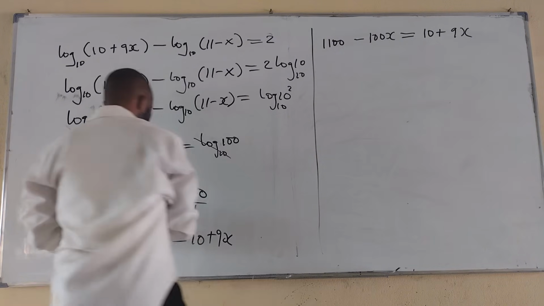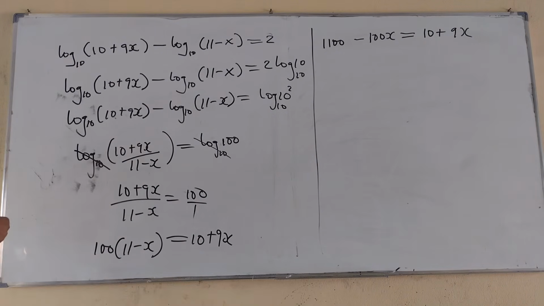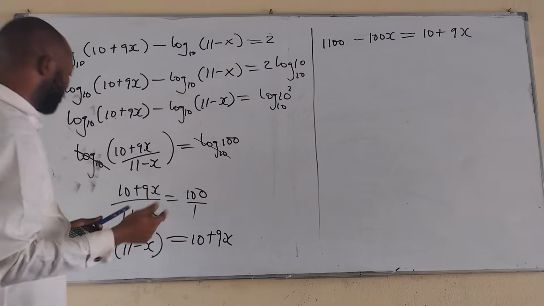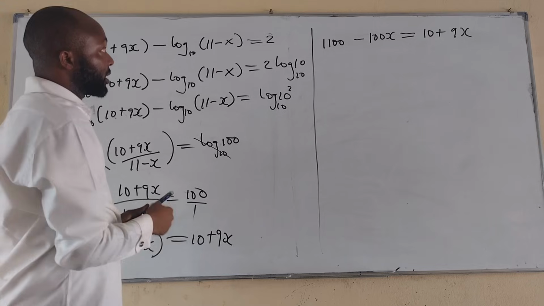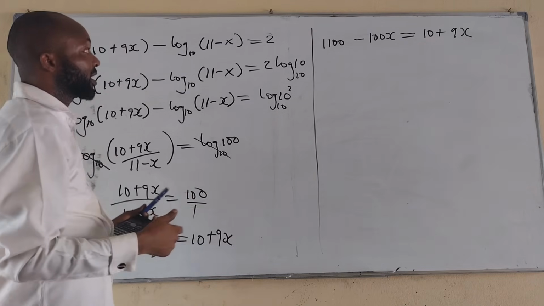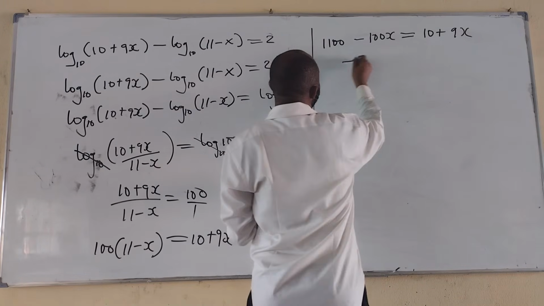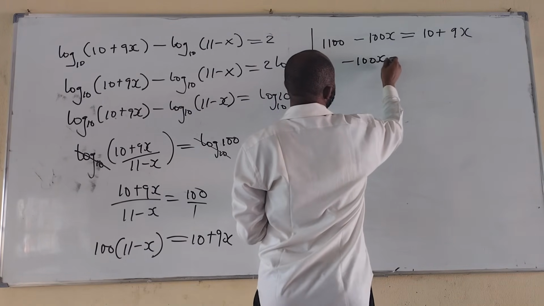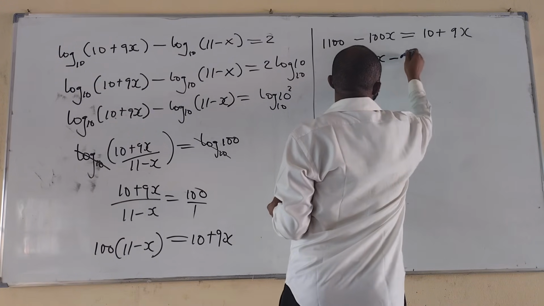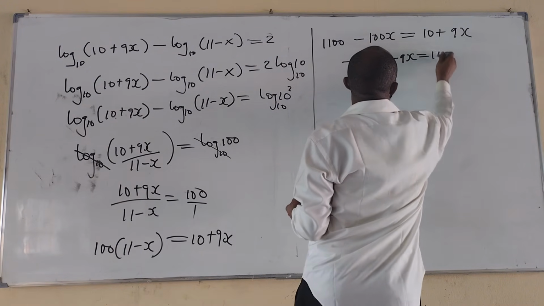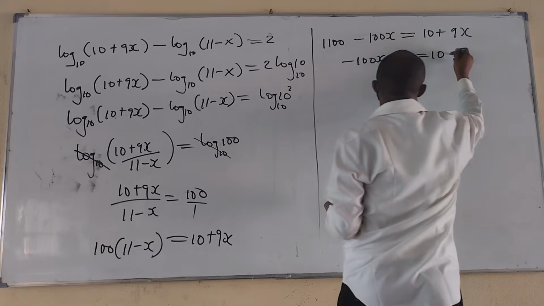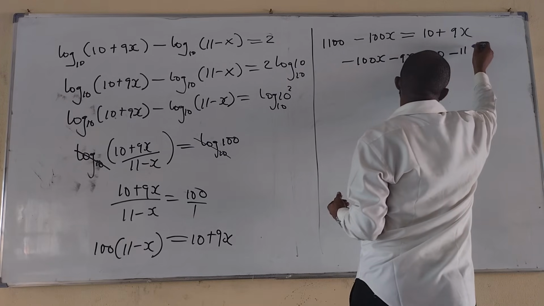I think we're good, yeah? There is no power of 2, so there is no quadratic in this case. It's going to be smoother and faster. So here, I have minus 100x. This crossover becomes minus 9x, is equal to 10. This crossover becomes minus 1100.